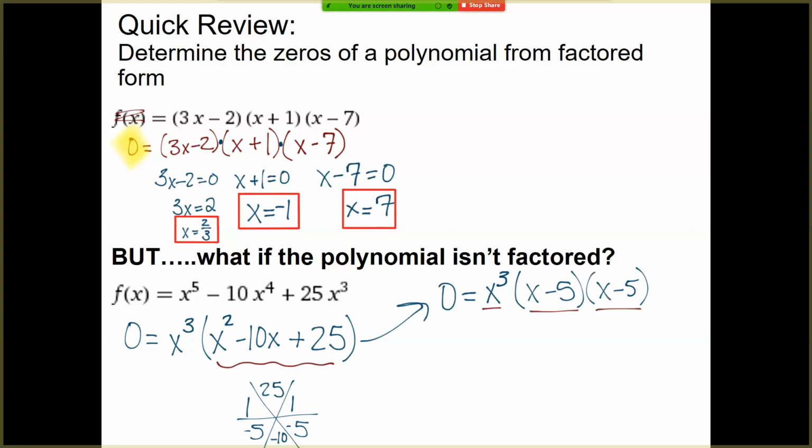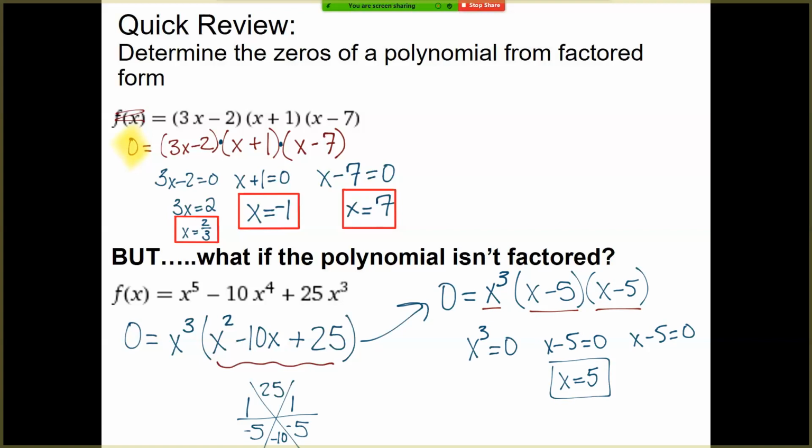In this case, I have 3 factors. I have x to the 3rd equals 0, x minus 5 equals 0, and x minus 5 equals 0. Notice I have 2 x minus 5s, which are going to both give me the same answer of x equals 5. You don't have to write it twice, once is enough.